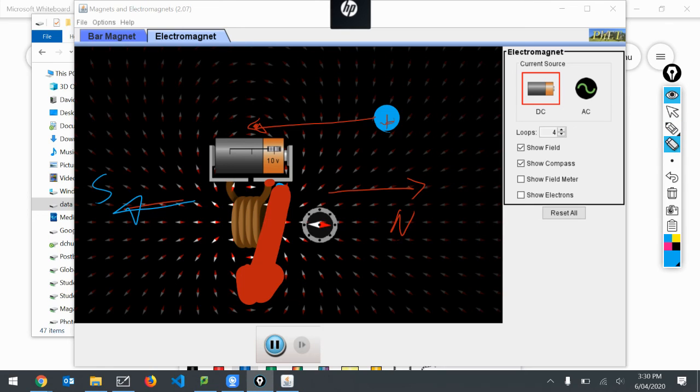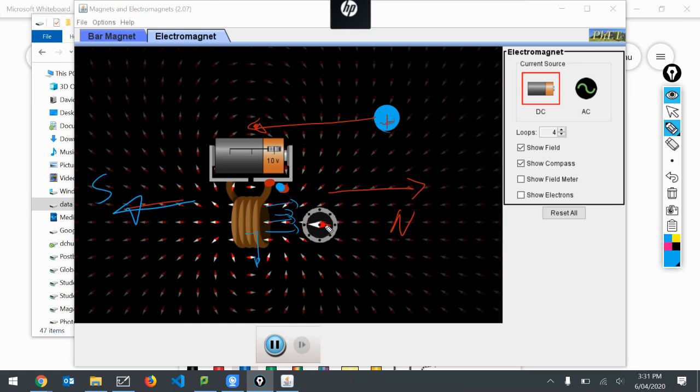Now the reason for that is, if you put your right hand around it, with your thumb pointing down this way, your fingers are going to come through this way, and that's the direction of the north.